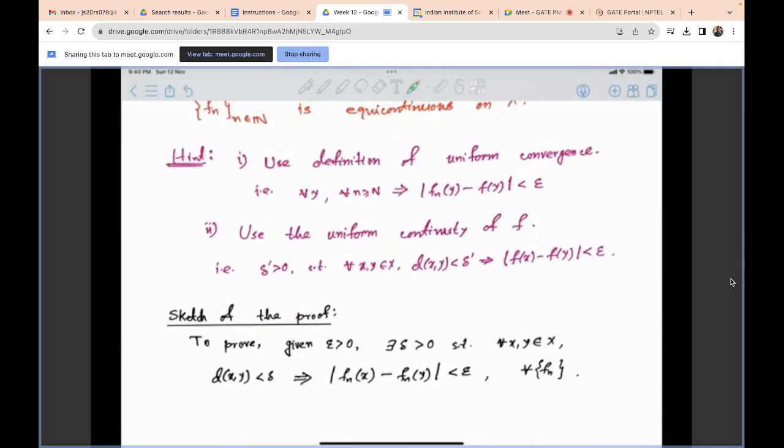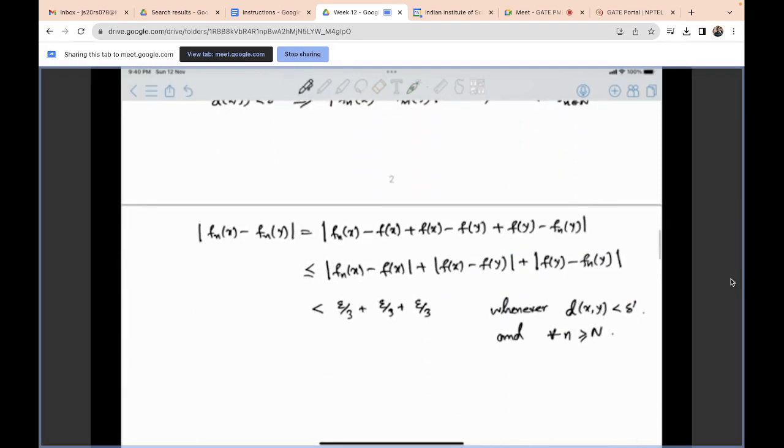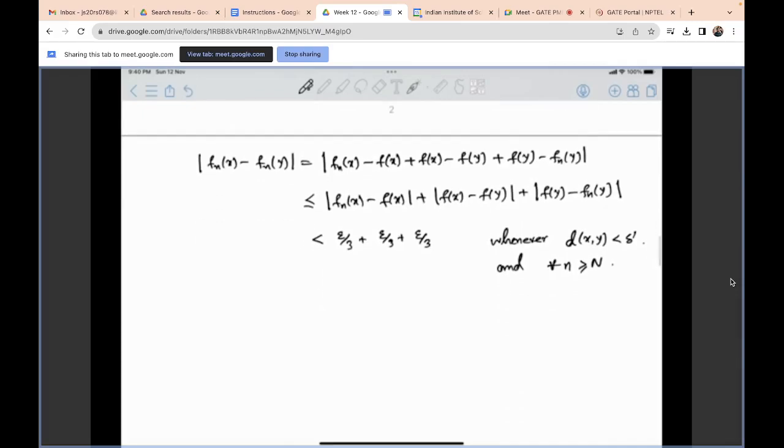But what you have to show is that this is less than epsilon for all n, where n is any natural number. So you only remain with finitely many functions: f1, f2, up to fN minus 1. And for these finitely many, because each fn is continuous, you will get the result.